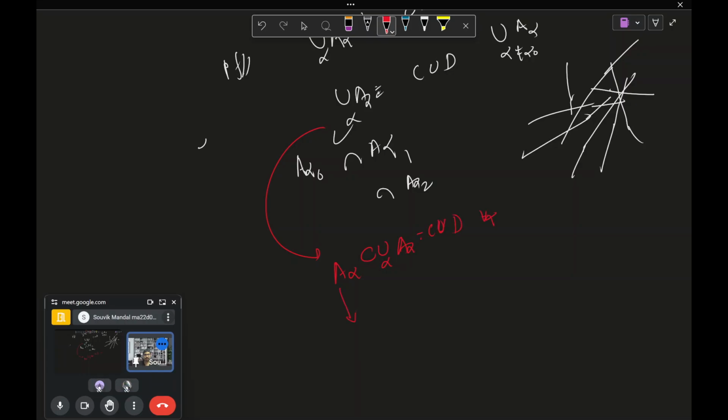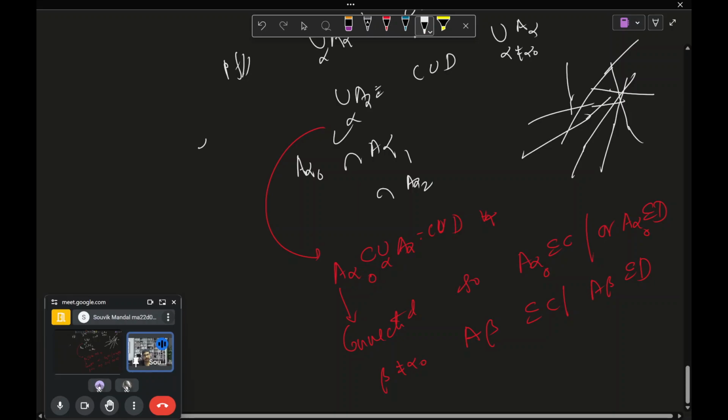Since each A alpha is connected, A alpha is a subset of either C or D. So here we can start with any particular chosen alpha naught. Now if we take any beta not equal to alpha, then for the same reason A beta will lie inside C or inside D. So either A alpha naught is a subset of C or a subset of D.